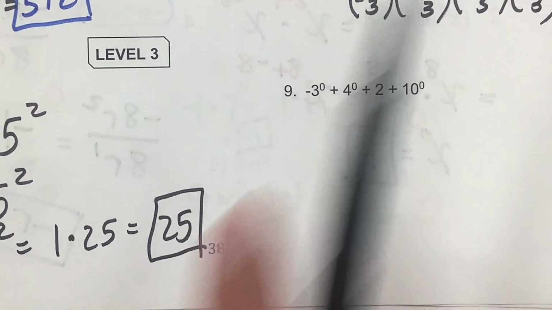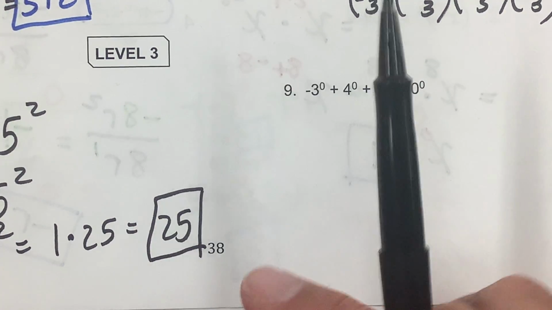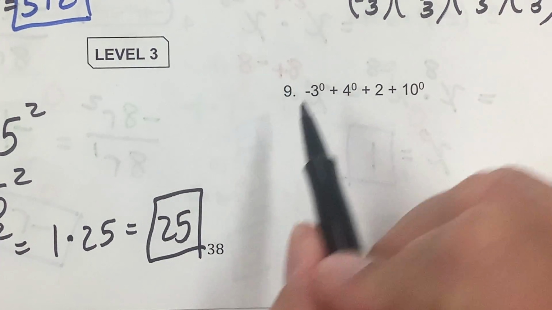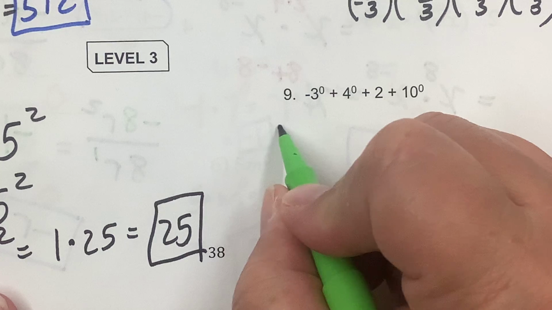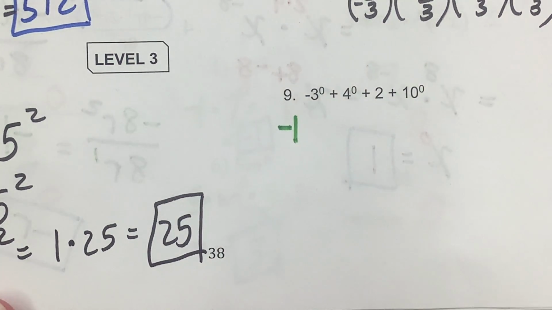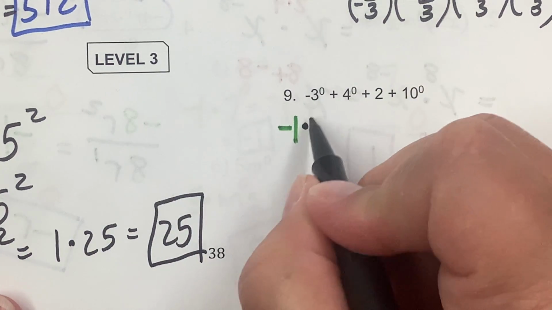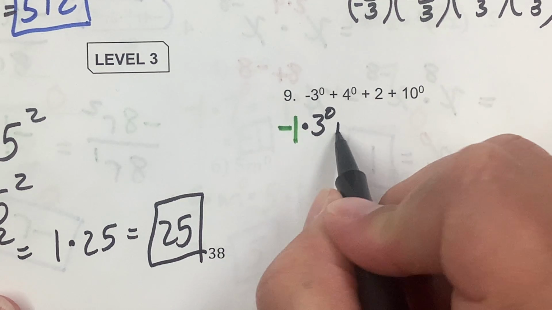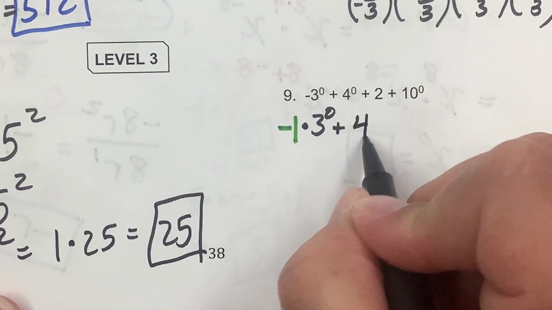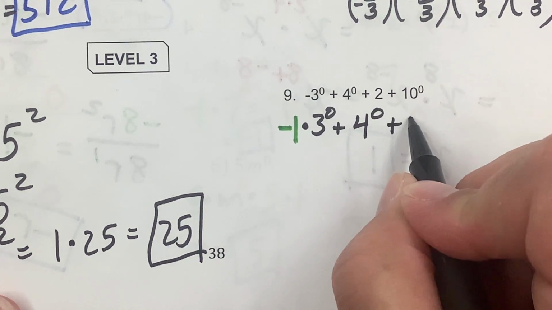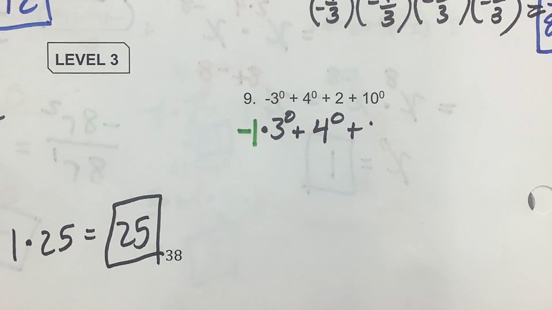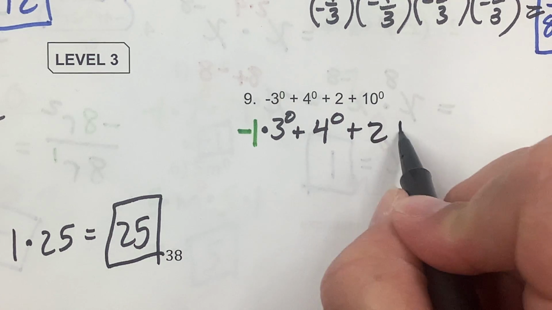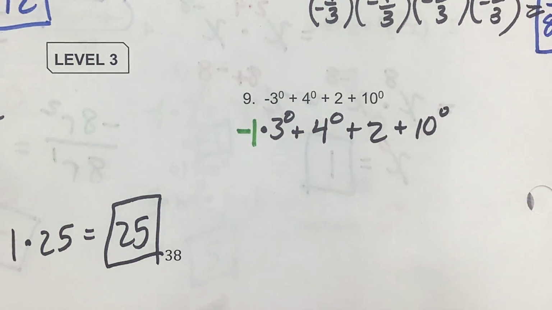Wow, there's a whole bunch of math going on here. So, this last problem, remember, no parentheses, it's negative 1 times 3 to the 0 power, plus 4 to the 0 power, plus 2, plus 10 to the 0 power.